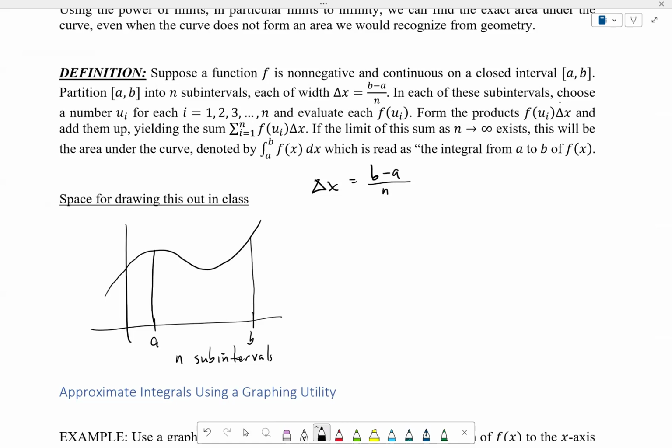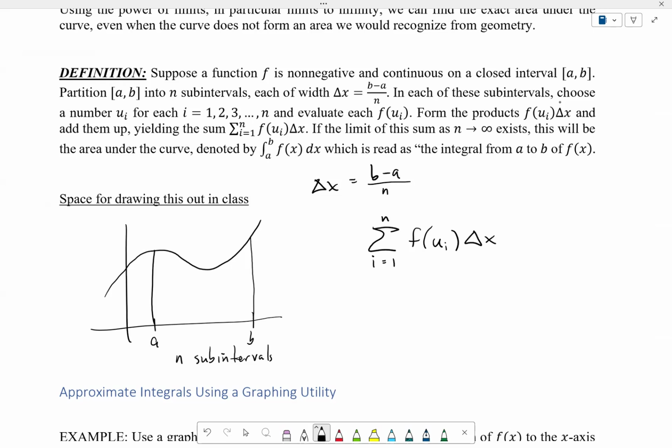So what we have is a bunch of rectangles, the height of which is f of u sub i. The base is delta x. And we're going from i equals 1 to n. Now this is an approximation of however many rectangles, like if we have 2 rectangles.